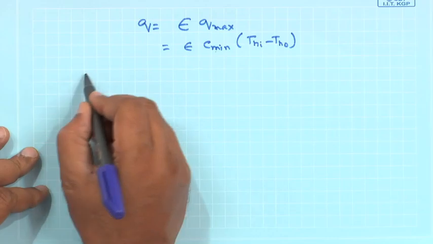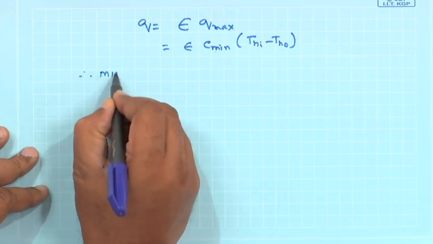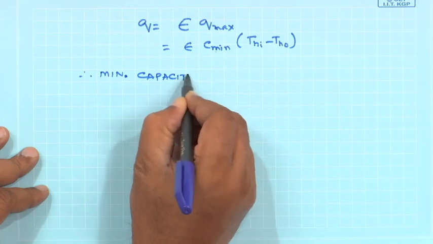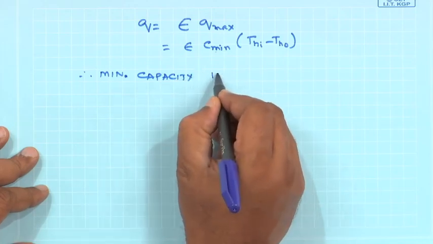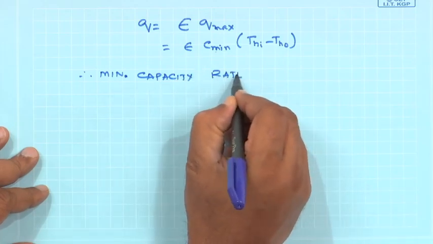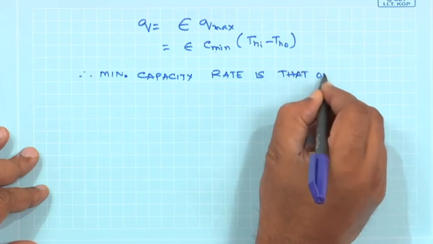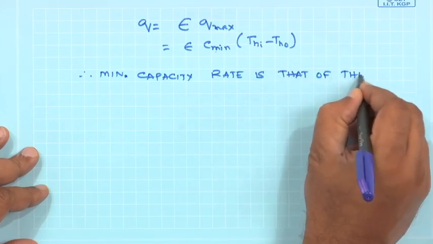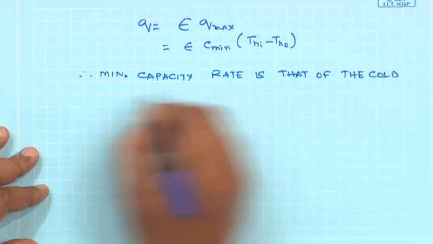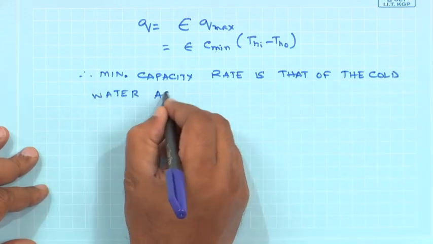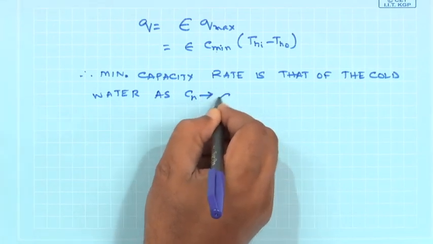So, therefore, the minimum capacity rate is that of the cold water, as C_h tends to infinity.